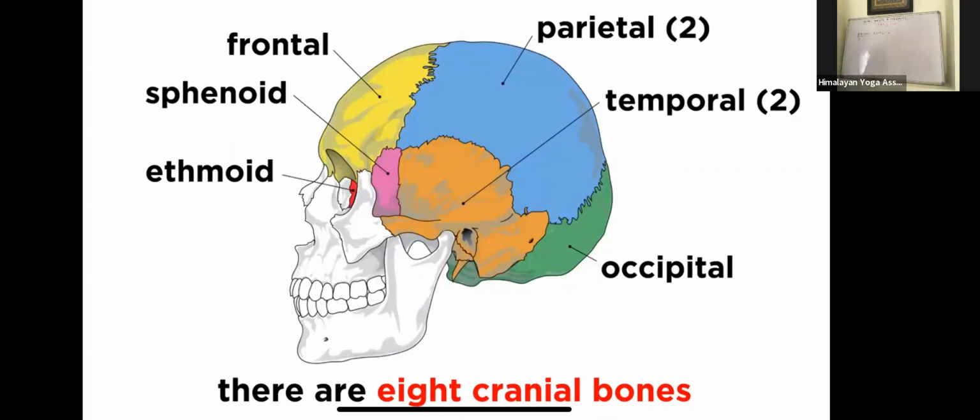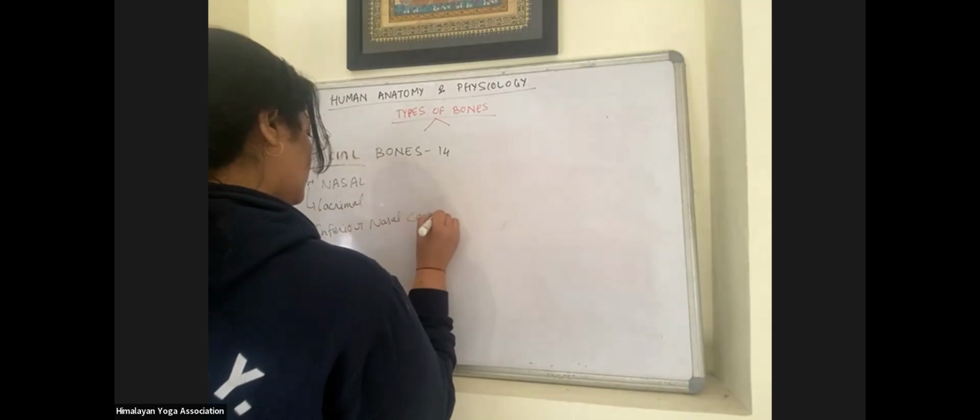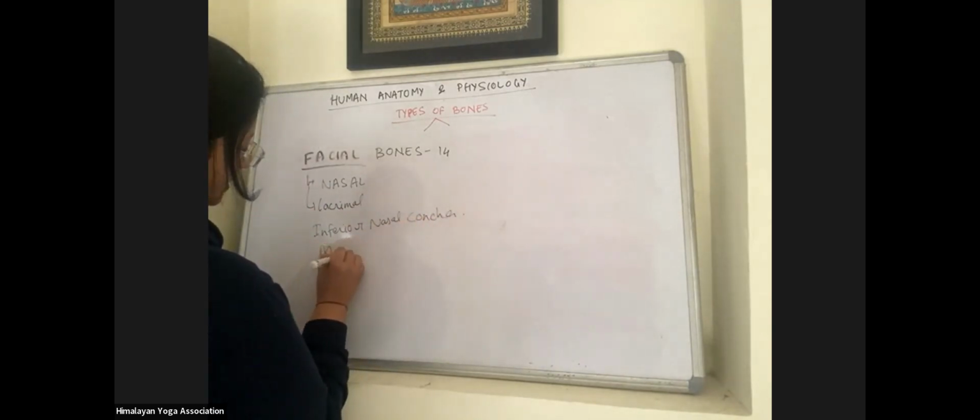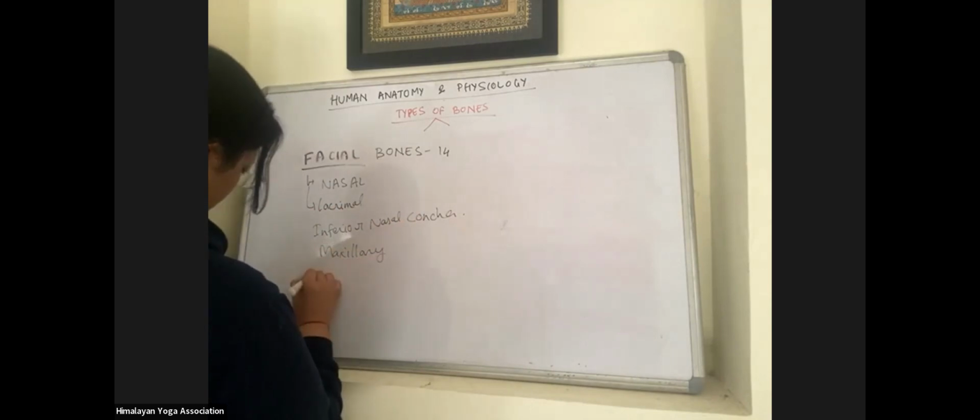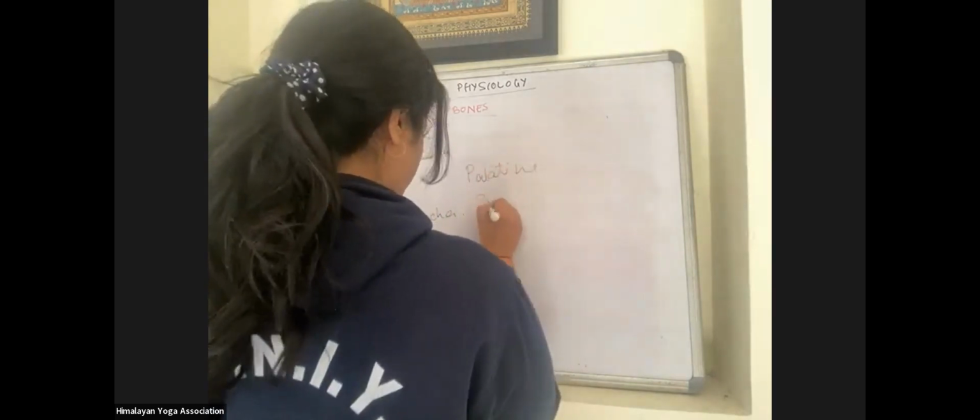In that we have nasal, lacrimal, inferior nasal concha, maxillary, mandible, palatine, zygomatic, and vomer.